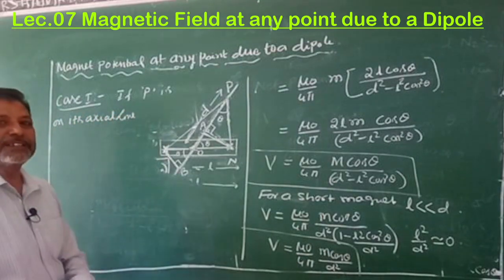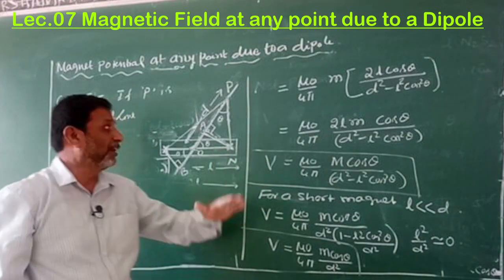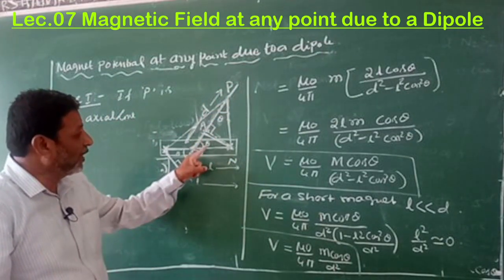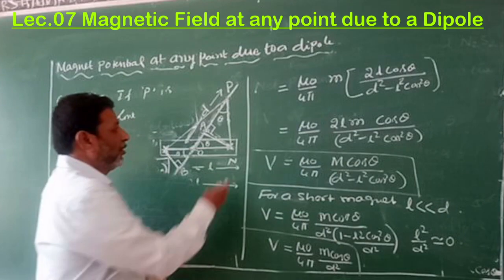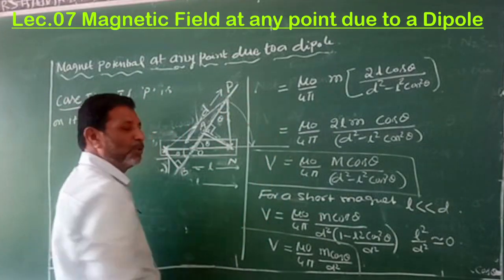Again, the same type as we have discussed in the case of the magnetic field on the axial line. Now, when the point P comes on the axial line, the theta value gradually decreases, and when the point is on the axial line, theta will be equal to 0.